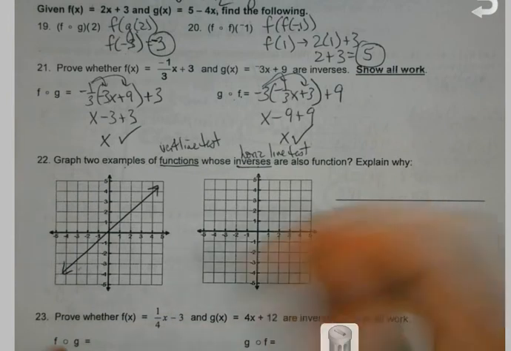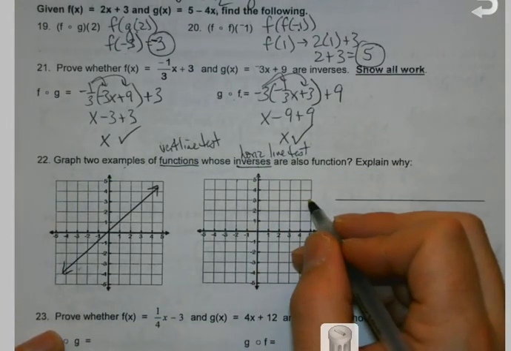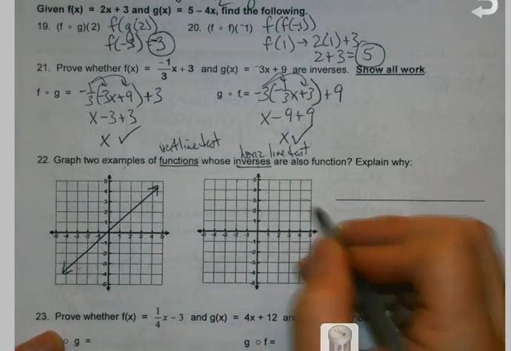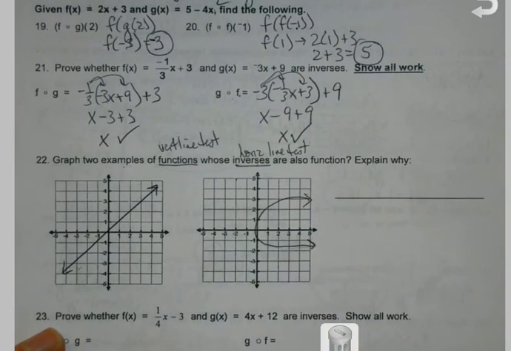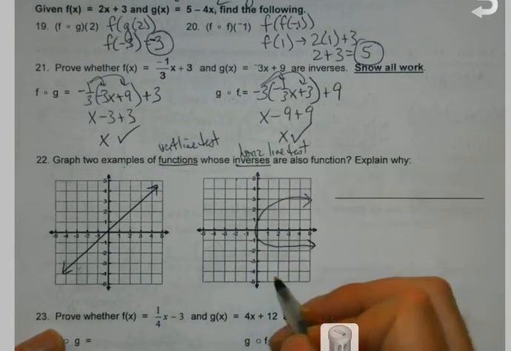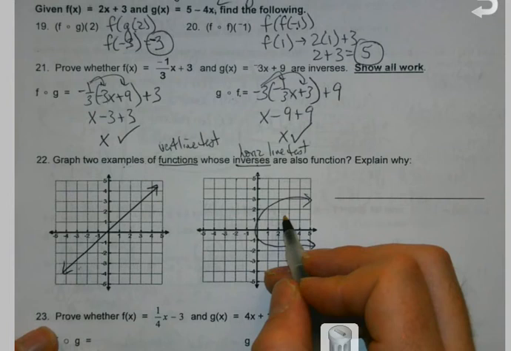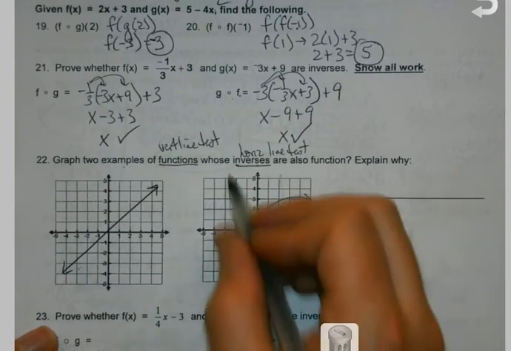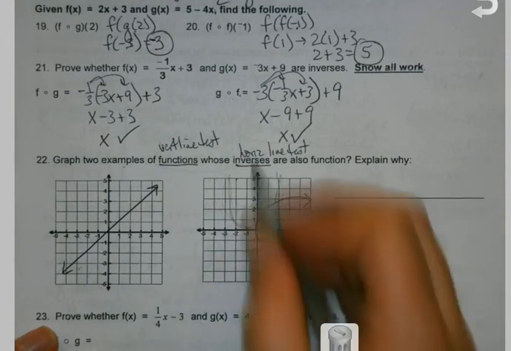But again, remember, you're going to sit and go, well, wait a minute. So you're telling me if I do this, you're like, well, that'd pass the horizontal, but it wouldn't pass the vertical. But remember, when you found this inverse would end up reflecting into something like this, and it would pass the vertical, okay?